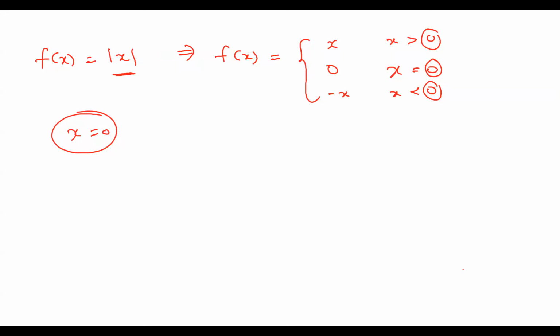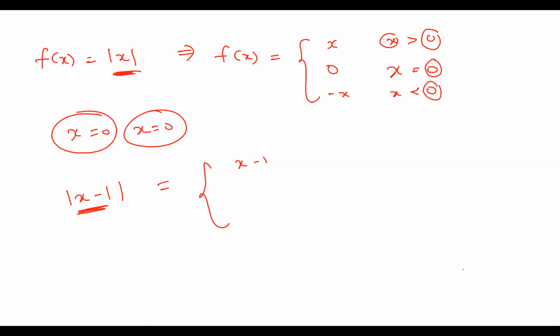How did you get that x is equal to 0? You equate that function to 0. And you will write it as minus x when x is less than 0. So what I did with mod of x minus 1 is, I wrote the function inside as it is, x minus 1, when, instead of x, what do I have inside?